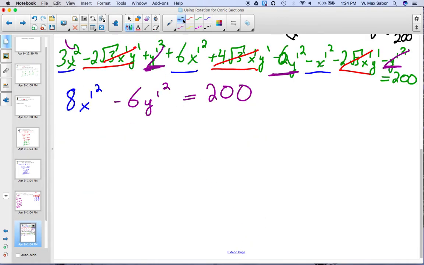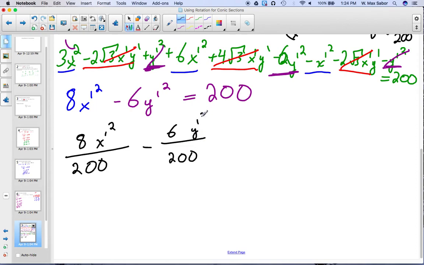Now we can divide both sides by 200. So we have 8 x prime squared minus 6 over 200 y prime squared equals 1. 8 goes into 200, let's see, 25 times.